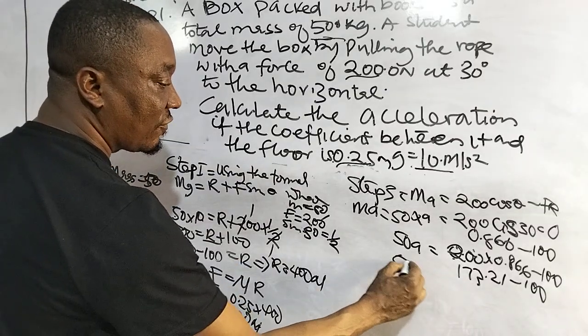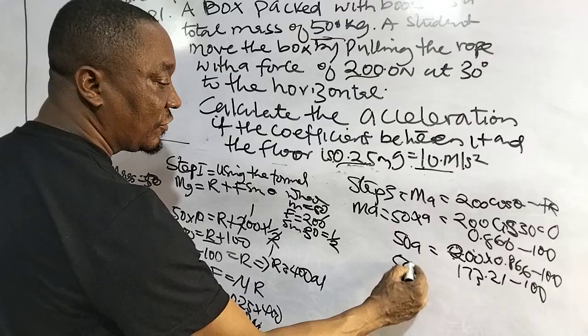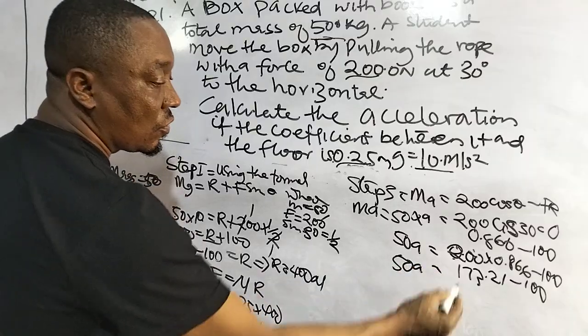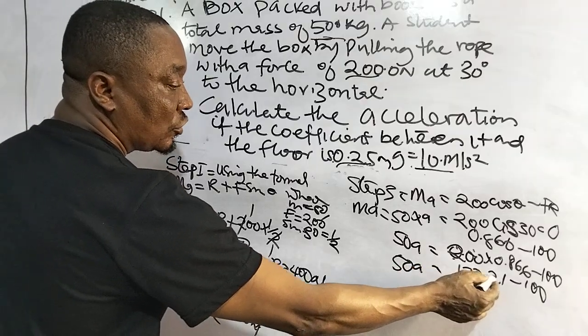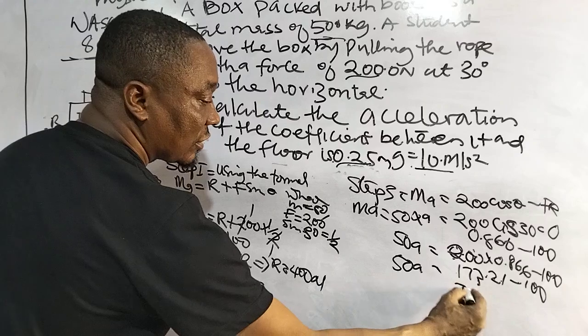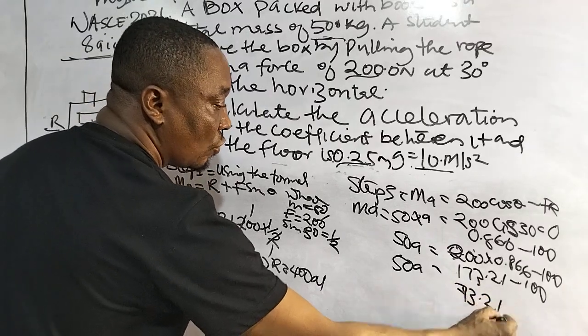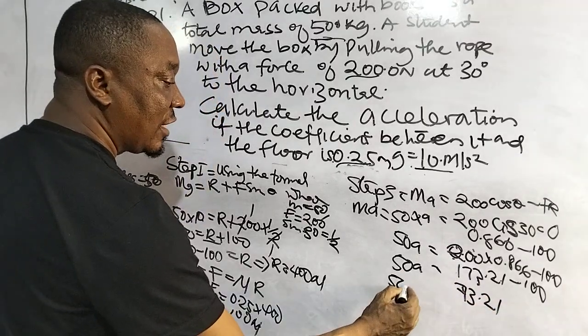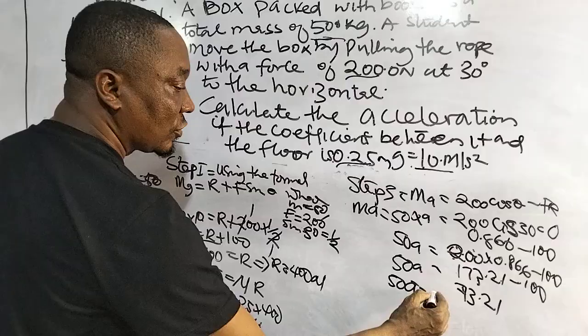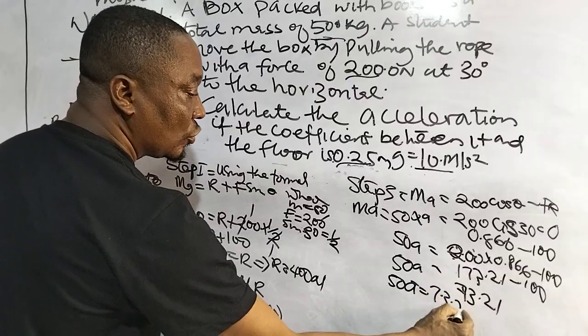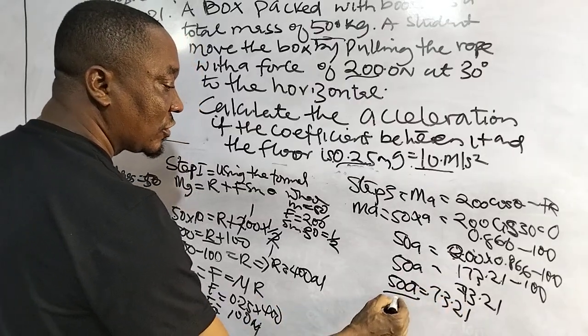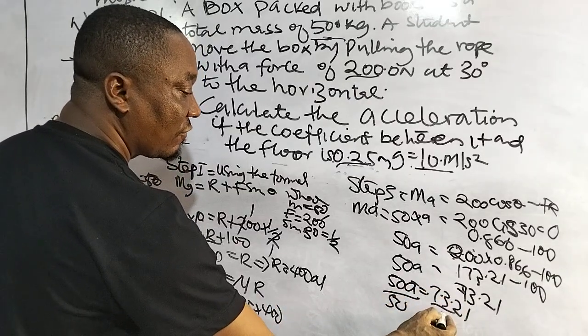So 50a equals 173.21 minus 100, which gives us 73.21. So 50a equals 73.21. We need to divide both sides by 50 in order to get the value of a.